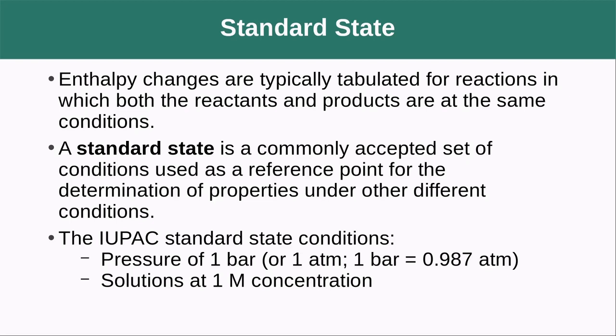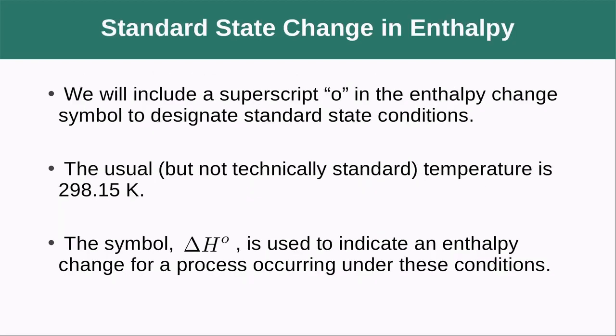Under the IUPAC standard, the standard state conditions are 1 bar of pressure, and solutions will be at 1 molar concentrations. So when we're talking about the enthalpy change at the standard state, you're going to see a superscripted O in the enthalpy change, like you see down here, this little guy right there.